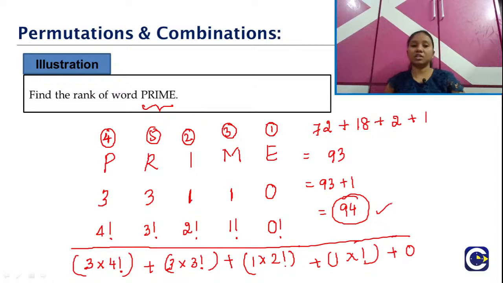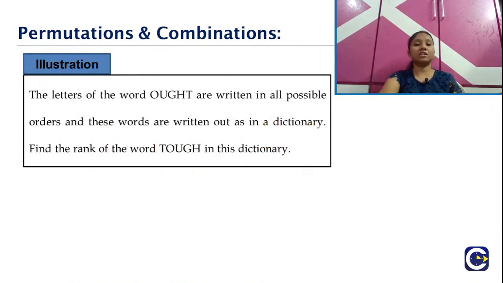So this will be the rank of the word prime. Right. So far we have seen finding the rank using the shortcut method. As I mentioned, there is another method which we can follow to find the rank of the word. So let's get into that and see the different method apart from the shortcut that we have just learned.